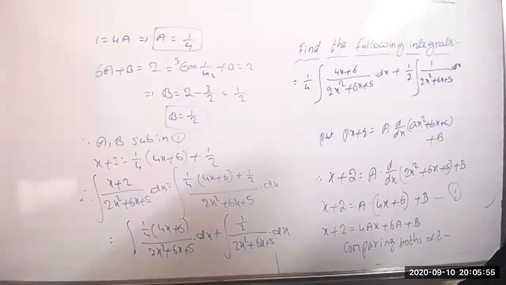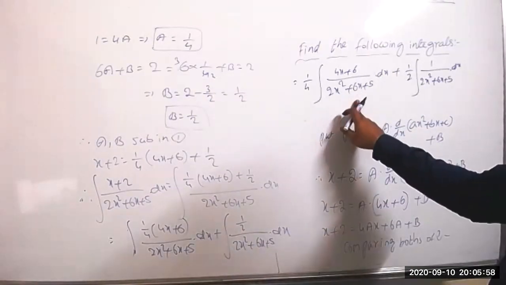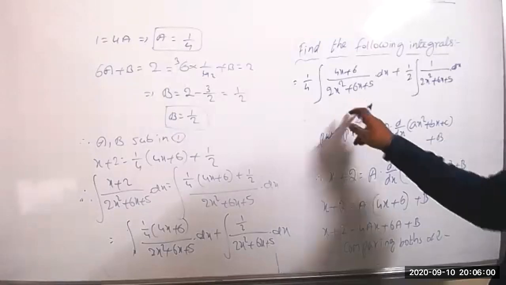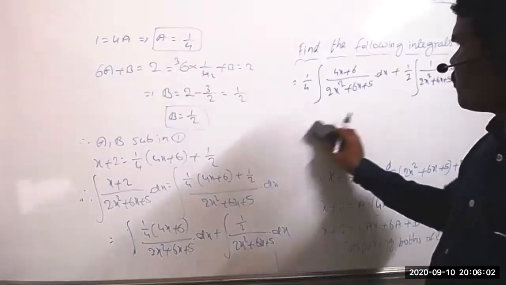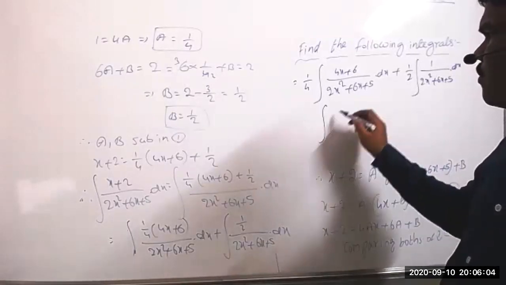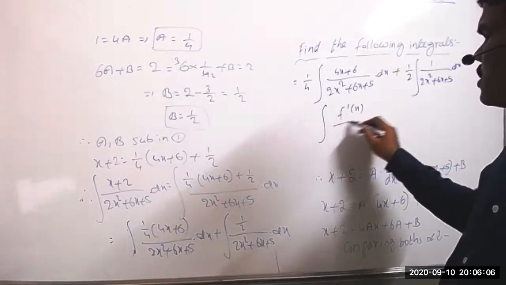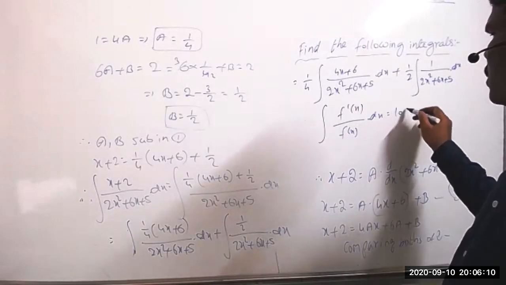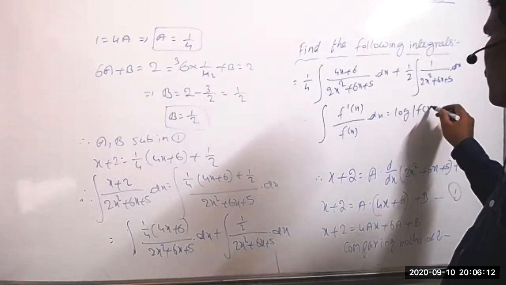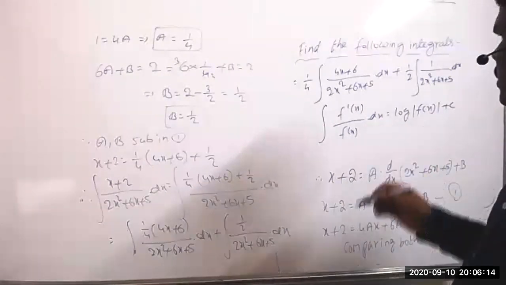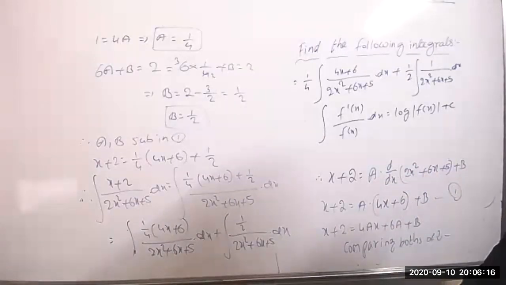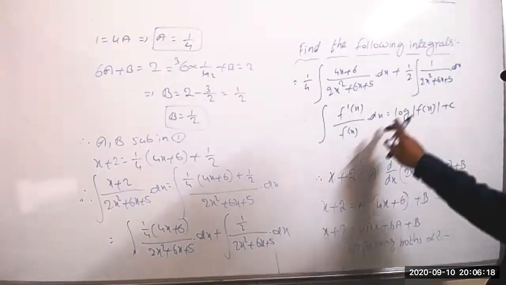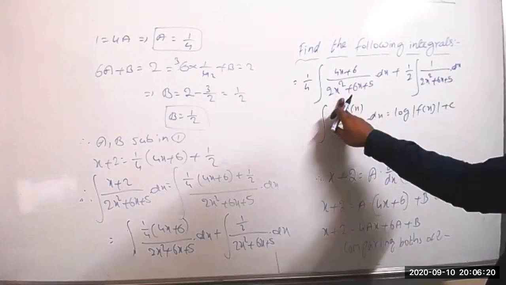Now clearly, just observe that in the first integral, I already gave the formula to you. So what is the formula we have? Integration of f dash of x by f of x dx is equal to, we know very well, log modulus of f of x plus c. The same formula you can apply for the first one.